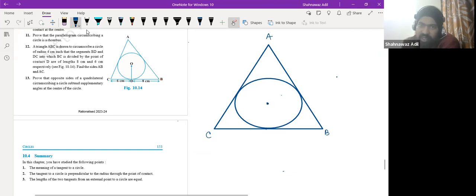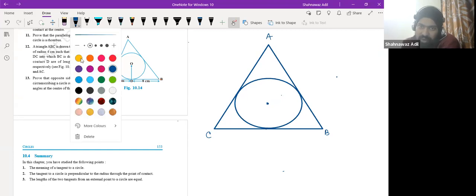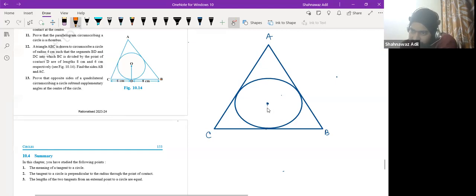Let's say we draw individual perpendiculars, right? We draw, let's say this one, this one.